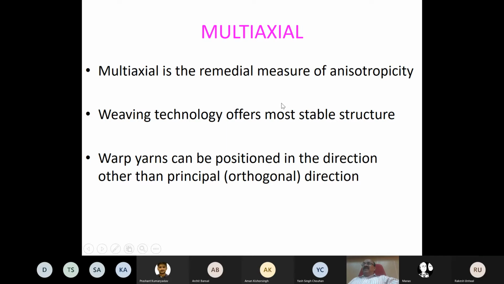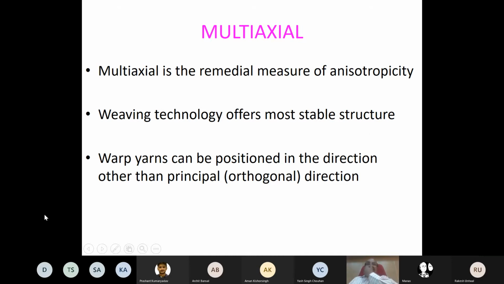At the point of intersection, the warp is just sitting over the weft and vice versa. So if there is a tangential load, the yarn slips. So the structure is unstable. That's the point written here.